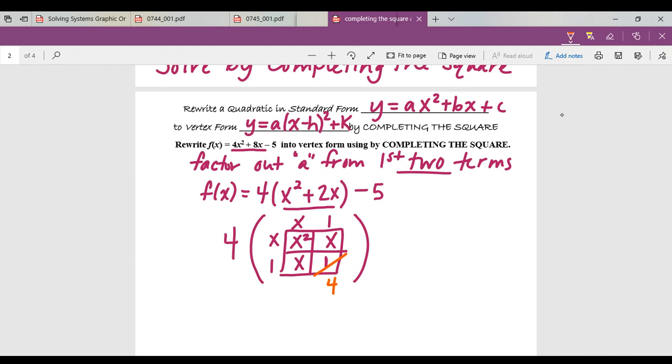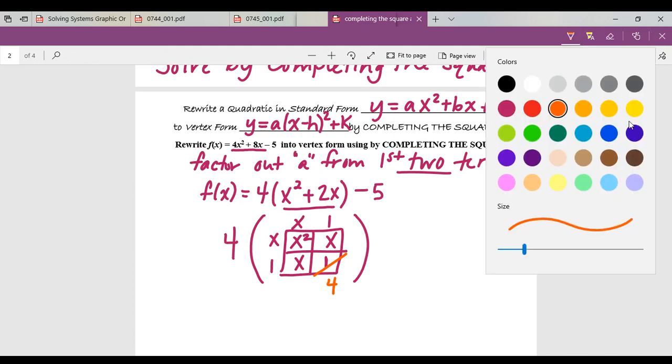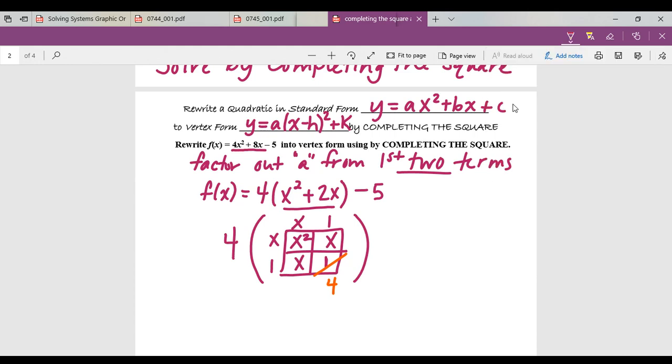But I don't have 4, I have -5. So how do I get from 4 to -5? Subtract 9. And then if you need to make a little note for yourself, okay, that we're looking at that 4 and the -9 together.